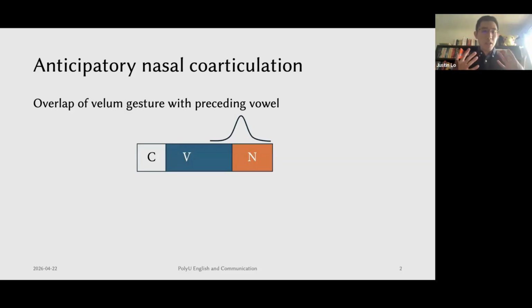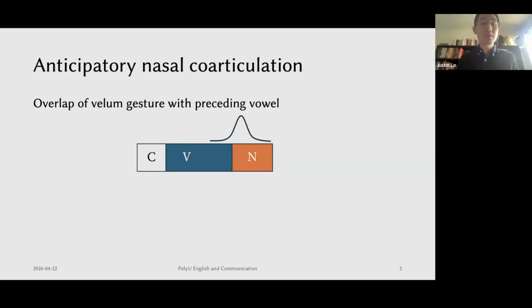So this is when we speak and we have nasal sounds like N's and M's in the words, and we have to lower the velum or soft palate in the mouth in order for air to flow through the nose to make those sounds. This gesture doesn't happen just within the space of that consonant itself.